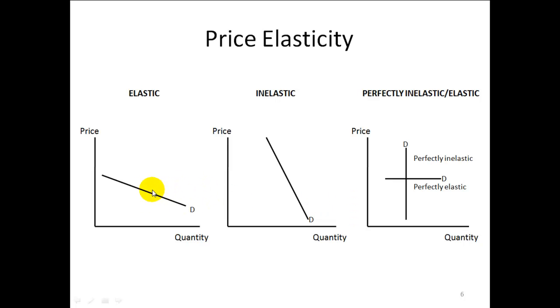Now let's look at a few demand curves. The first example here is an elastic demand curve, and as you know by now, an elastic demand curve implies that when you have a small change in price, the quantity demanded changes by a large amount.